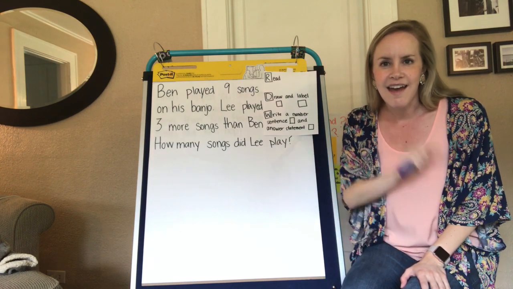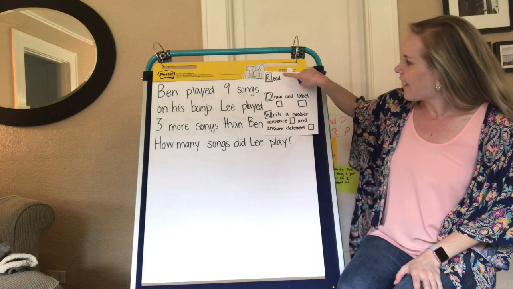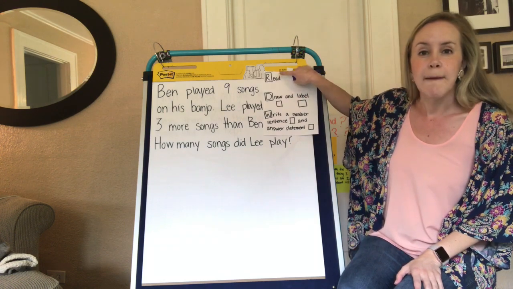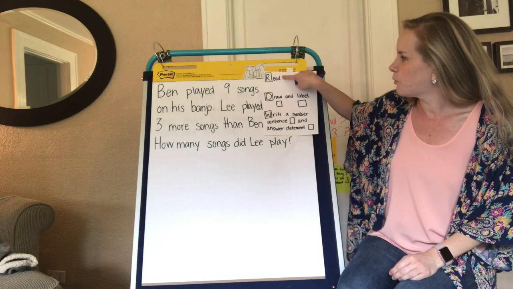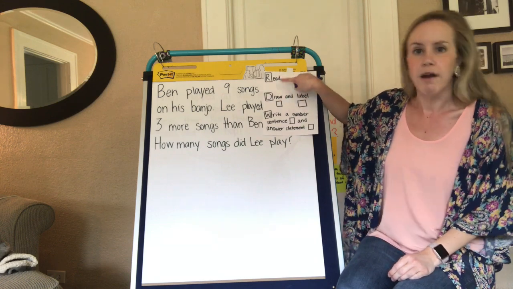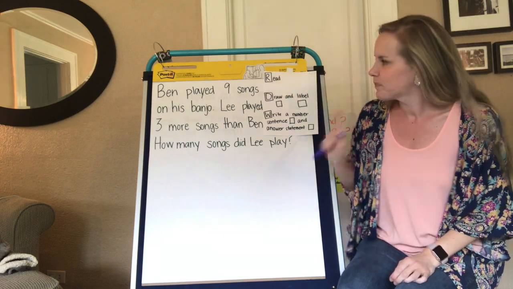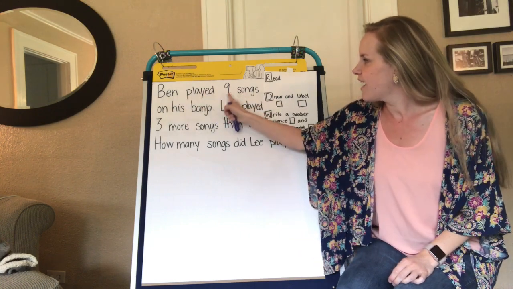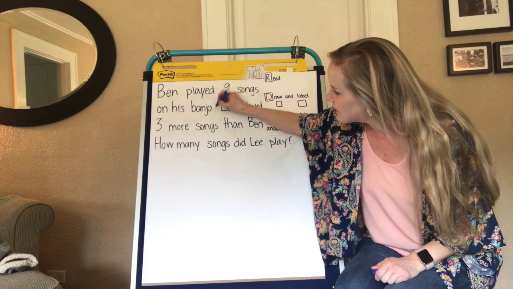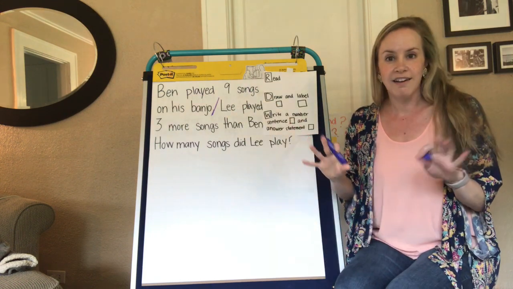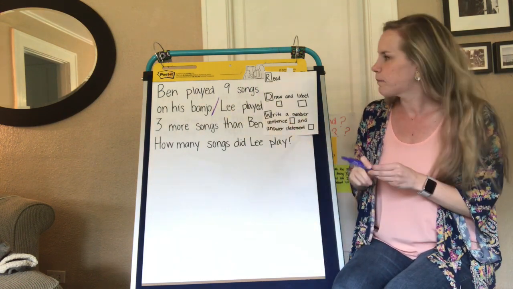All right, now I read it through once, and I'm going to do reading part by part. And if I read it part by part, I can kind of go between read, draw, read, draw, read, draw. So let's do that. Ben played 9 songs on his banjo. Slash. I'm going to stop there and draw that part.